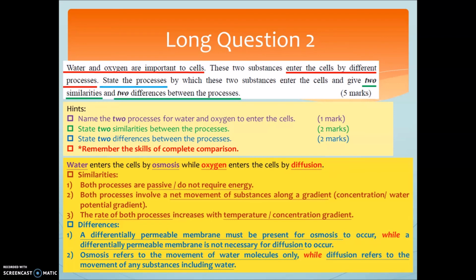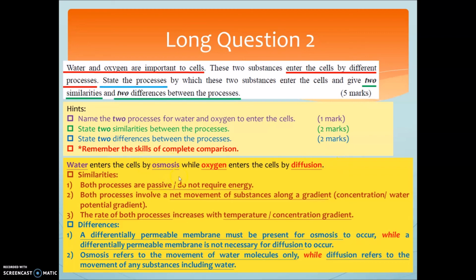If, for the first mark, you say it wrongly, for example water enters the cell by active transport, wrong. Oxygen enters the cell by active transport, also wrong. So remember that. You need to state the correct process first, and then tell me the similarities and differences.